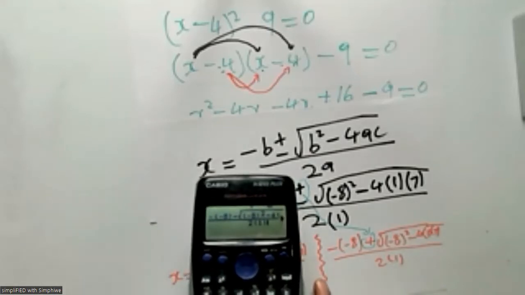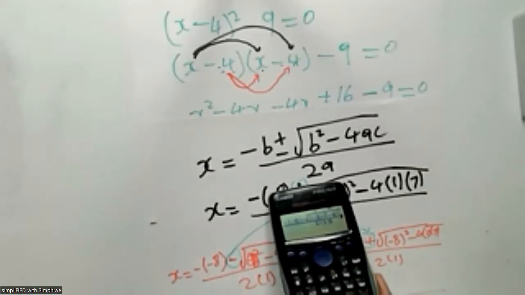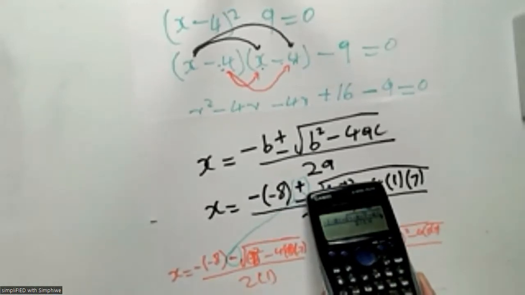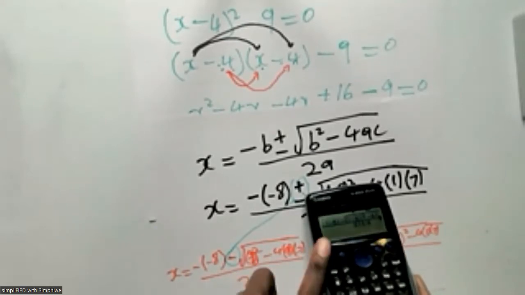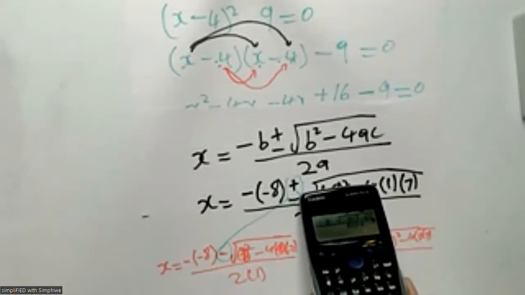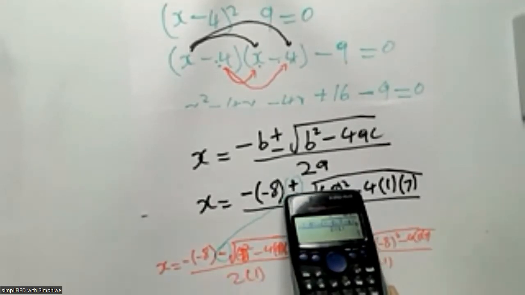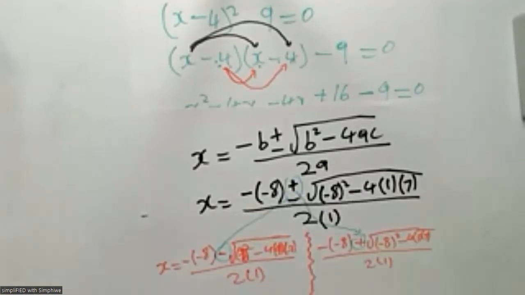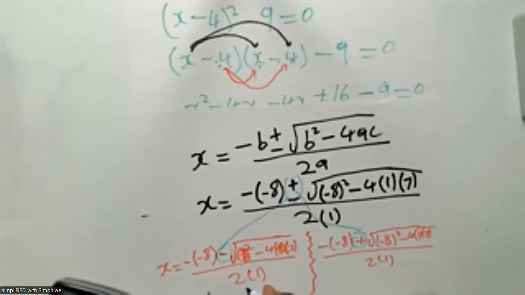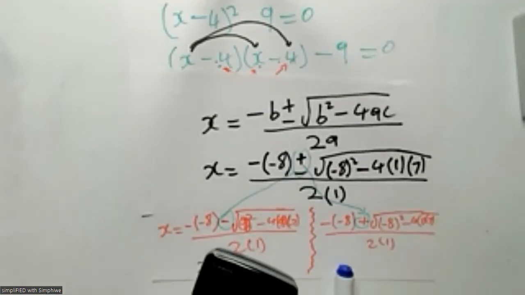This is exactly as I've built it here, but I started with the negative. So when I hit equals, x is 1. That's my answer.